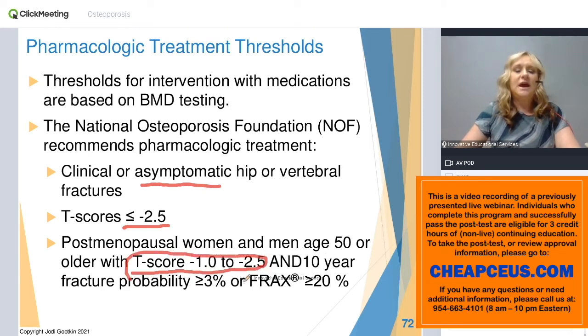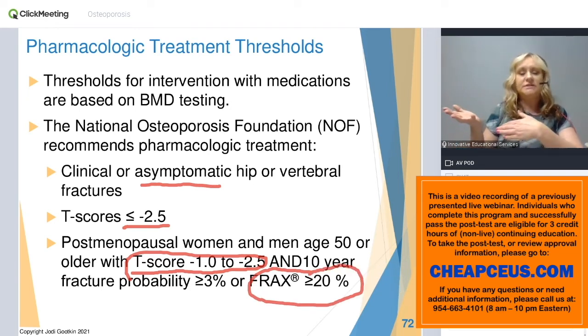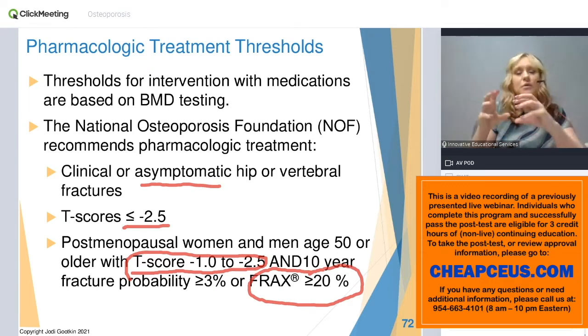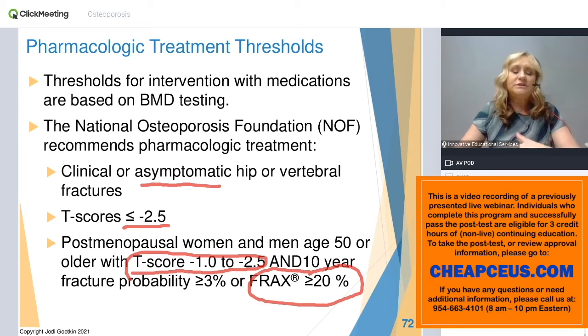and if they have a FRAX score of greater than 20%, meaning the likelihood of them having a fracture in the next 10 years is more than 20%, that would also put them in a category where some type of medical management with medications is going to be necessary.